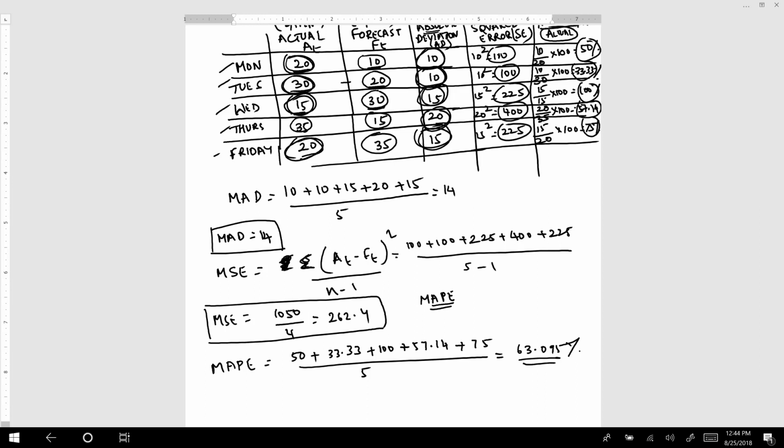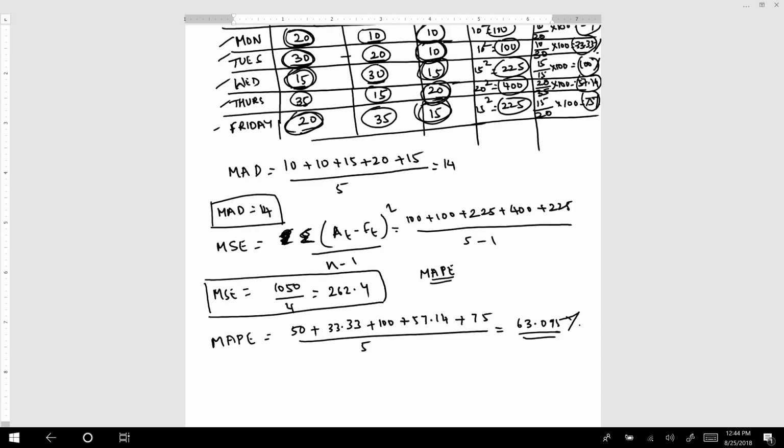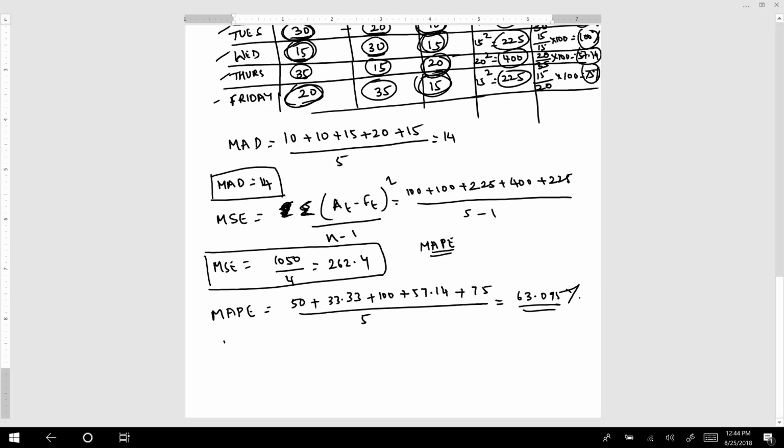So if you are comparing two models, you have to compare over the long run which one has the least error. So suppose I'm comparing naive with exponential smoothing. I will use one of these techniques like MAD.